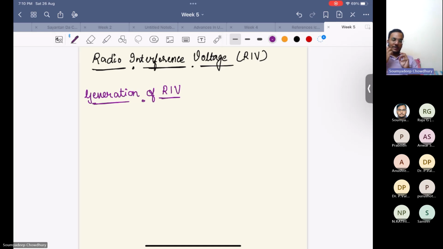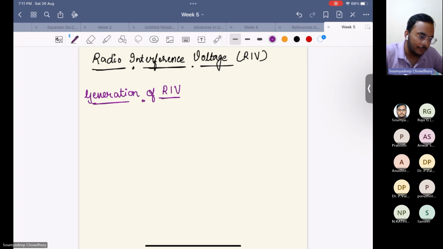With time, if the properties of the insulator deteriorate, this discharge will gradually propagate and cover the entire electrode. Partial discharge or corona are localized electrical discharges, and over time, if the field is sufficient, it can cause flashover or breakdown of the insulation. So this is the basic understanding.